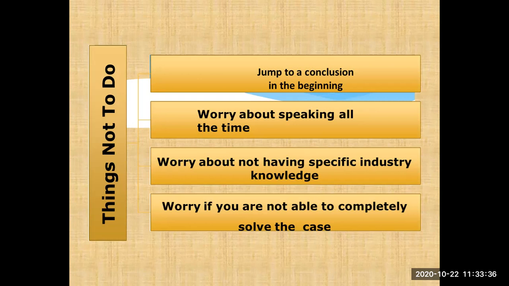And lastly, what we discussed at the very first, within the first 5 minutes, is that we should not worry about the complete solution of the given case. Now, there might be some cases or situations, problems, that you may not be able to solve in toto. Okay, say 10% you are not able to solve.